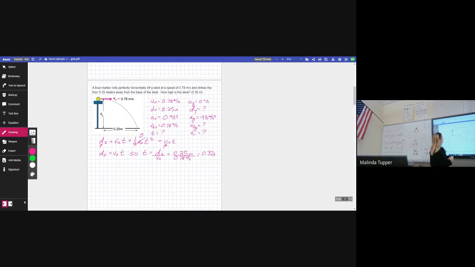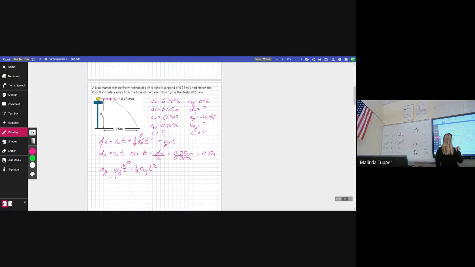Okay. So now, once I have this, I can plug that back in to my vertical direction. So dy is diy times the time plus 1/2 ay times the time squared. This term goes to 0 because the initial velocity is 0.